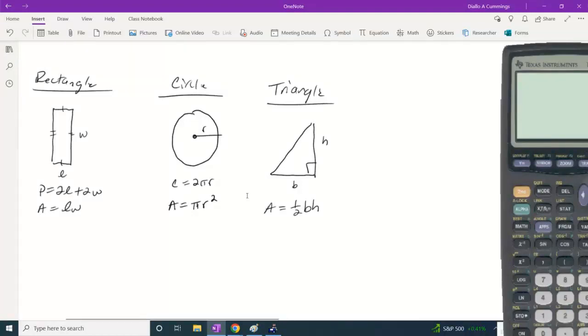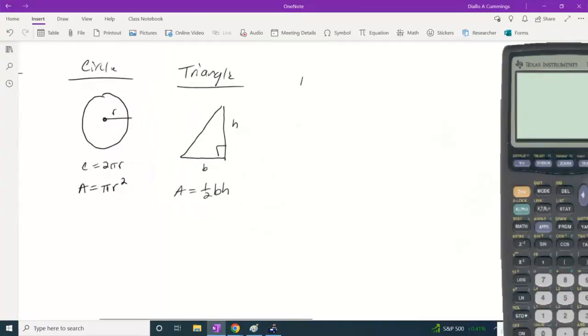And we will also take a look at a parallelogram, I believe. And in the parallelogram, the area is simply the base times the height.